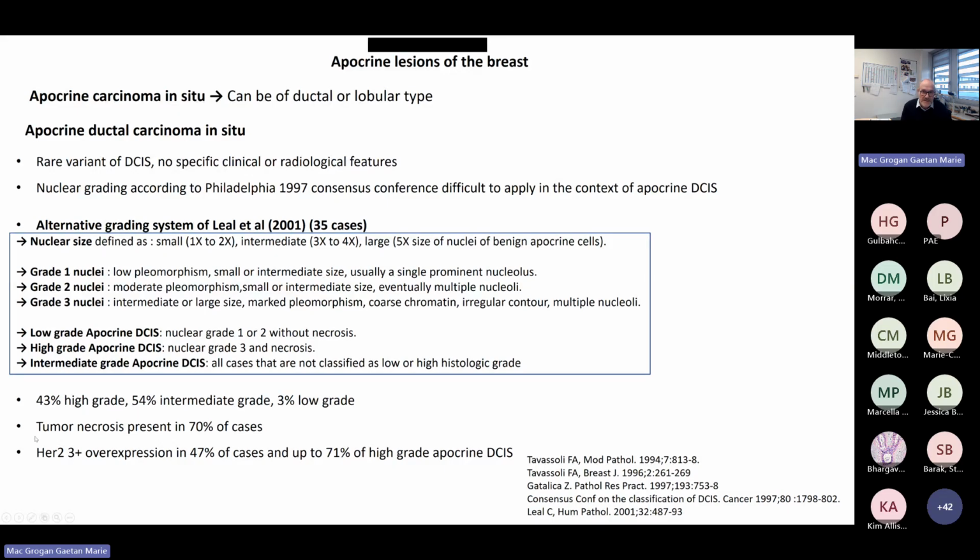Tumor necrosis was present in 70% of cases, and in approximately 50% of cases, there was a 3+ overexpression of HER2 in these lesions. And in up to 71% of high-grade apocrine DCIS, there was overexpression of HER2.